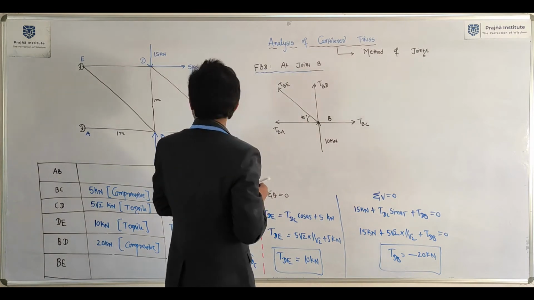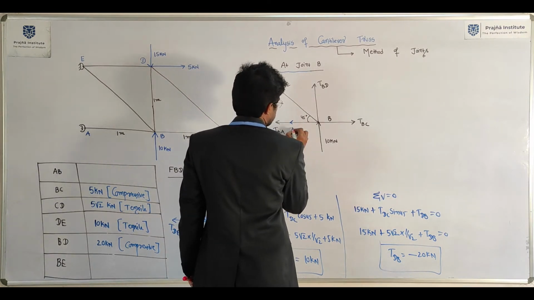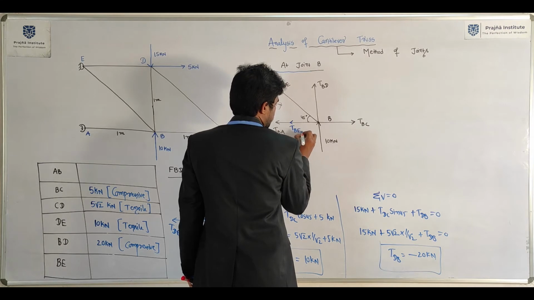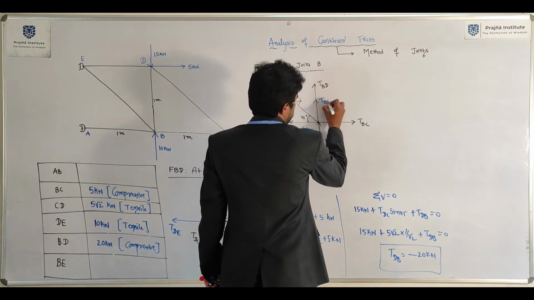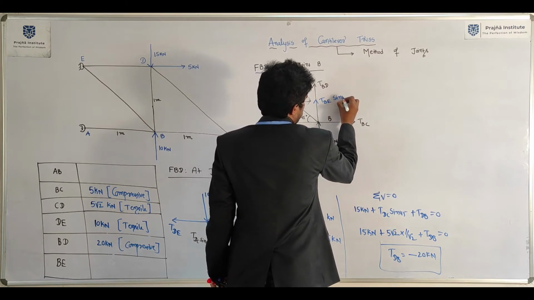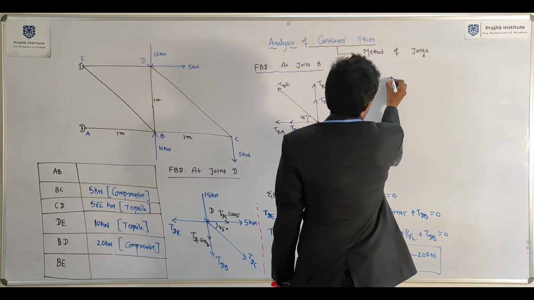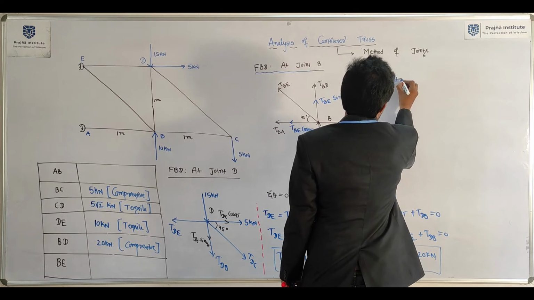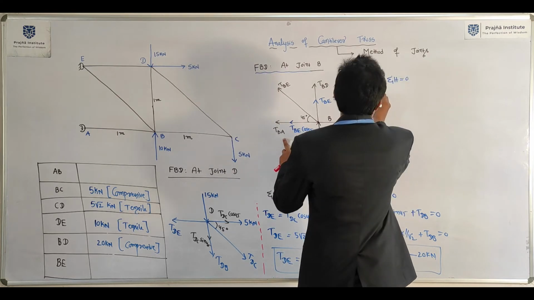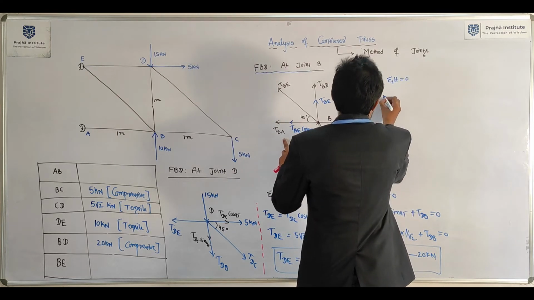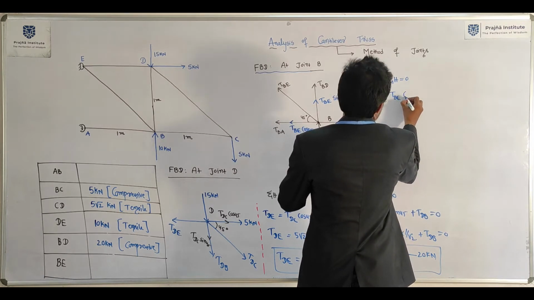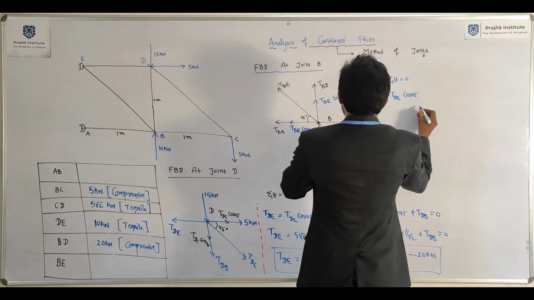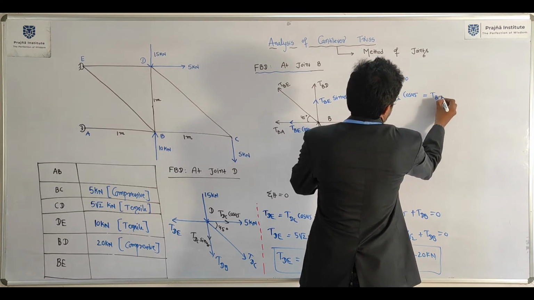Now we need to resolve the forces. TBE cos 45, TBE sin 45. Just apply equilibrium equation. Sigma H equals to 0. TBA plus TBE cos 45 equals to TBC.